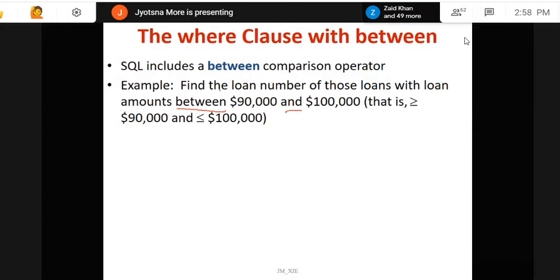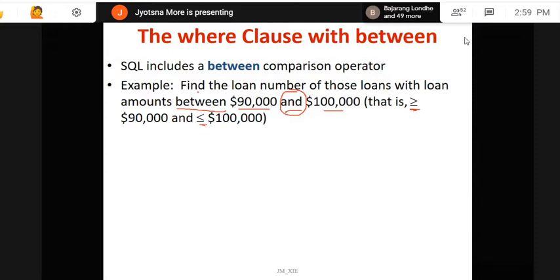Remember, whenever you use between, this is the first value and this is the last value, and in between them you have to use the and keyword, not or. The second way, if you don't want to use the between command, is to use the notation greater than or equal to, and less than or equal to. We will see the query both ways.